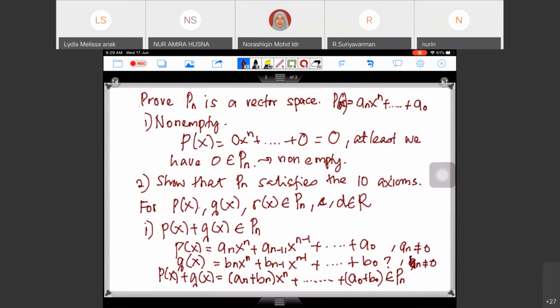So we claim that this is in Pn since what? a_n is not 0, b_n is not 0, hence what? a_n plus b_n cannot be 0 also. So at least this is not 0 and we have x to the n, then P plus Q is in Pn.